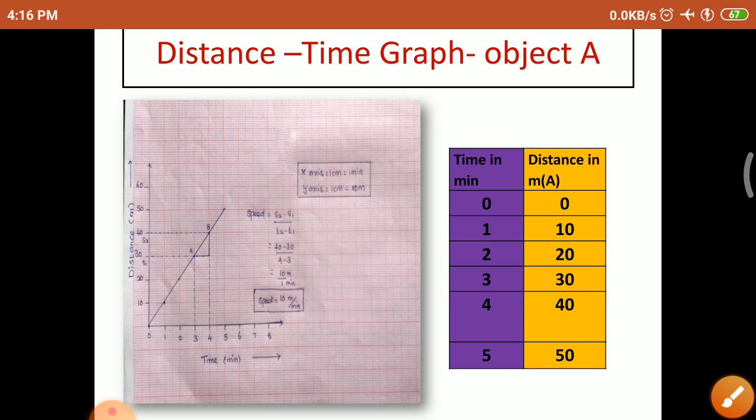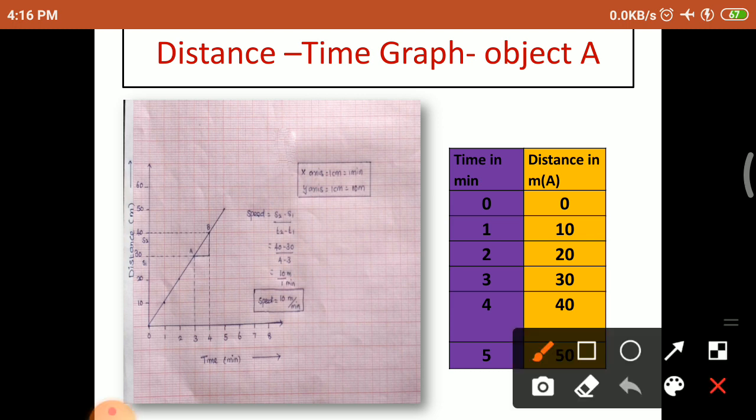After that, I have to calculate the speed. So I choose any 2 points on the line. This is point A and point B. I drew a perpendicular line to the x-axis from points A and B. Then draw a perpendicular line to the y-axis.